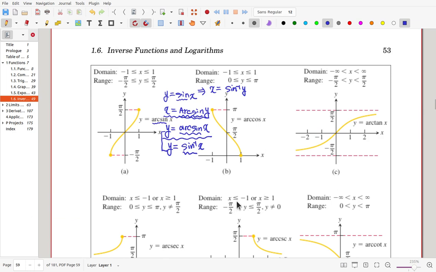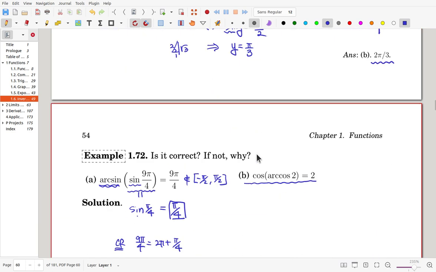Here, arc cosine is defined from minus 1 to 1, and its values range from 0 to pi. So it cannot take 2. Also, cosine cannot make a value larger than 1. The output of cosine must also be between minus 1 and 1. So it's wrong. There's no way to correct it.